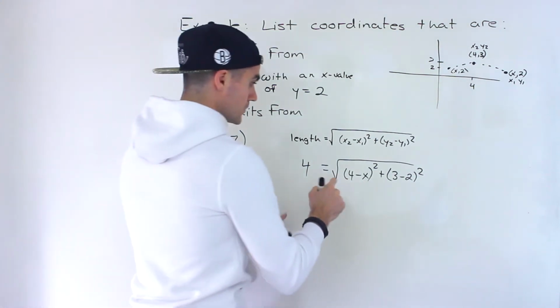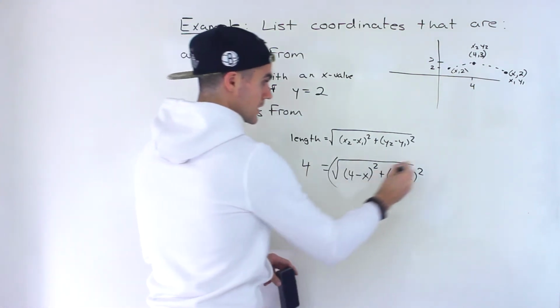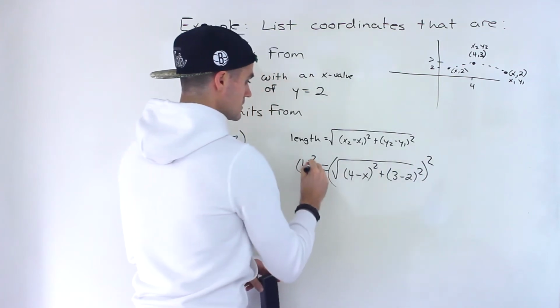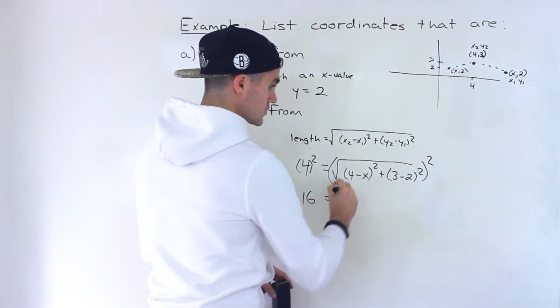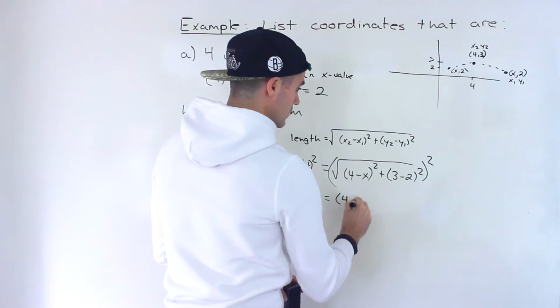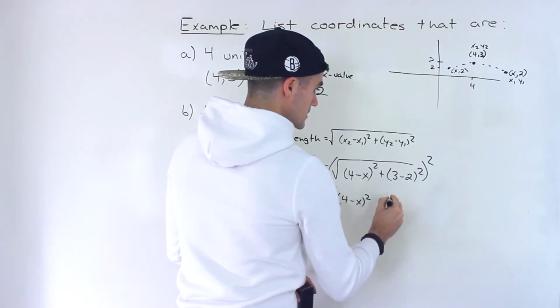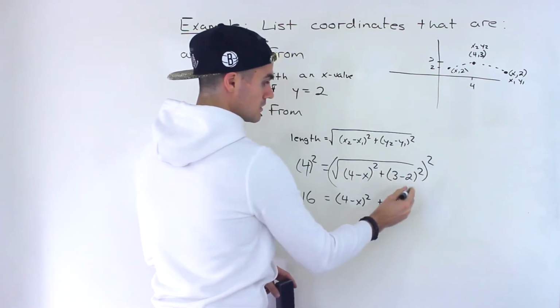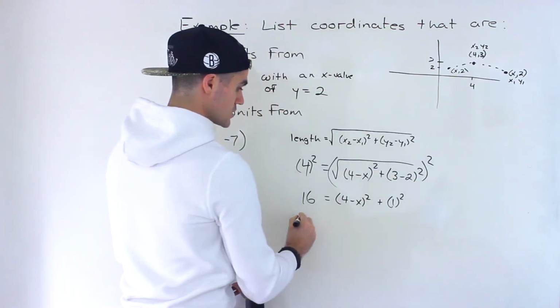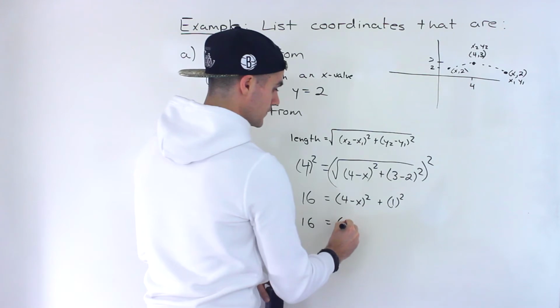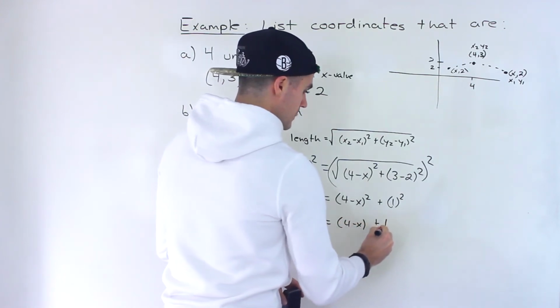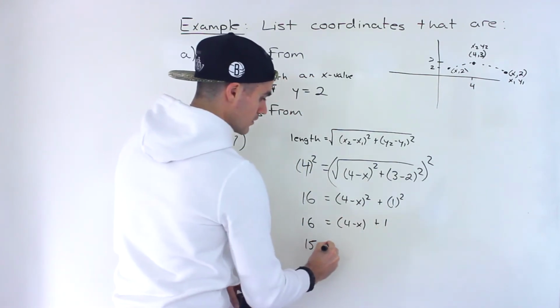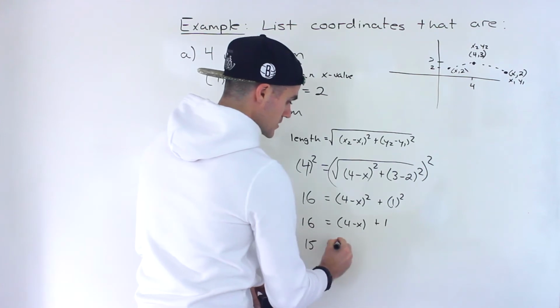And so from here, same process. First we got to square both sides. So we'd have 16 equals whatever's under the square root. And then this is going to be 1 squared. 3 minus 2 is 1. That's going to be to the power 2. So that's actually just going to end up being 1. Bring the 1 over. 16 minus 1 is 15.